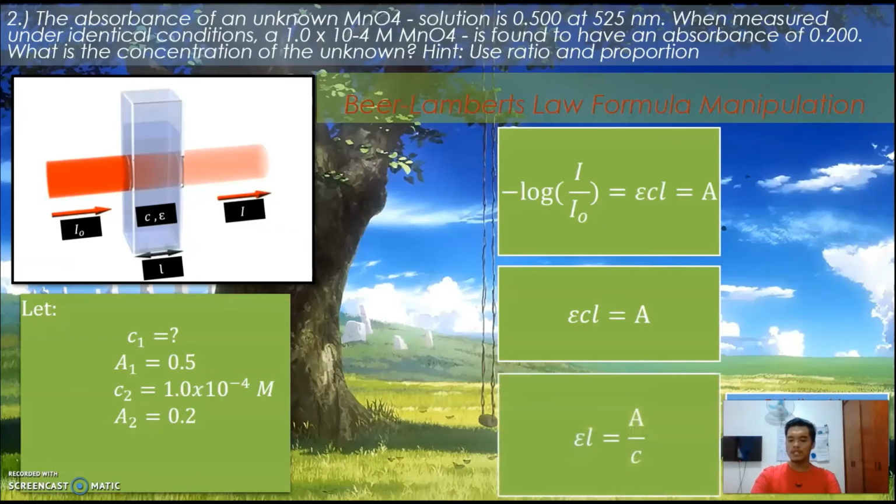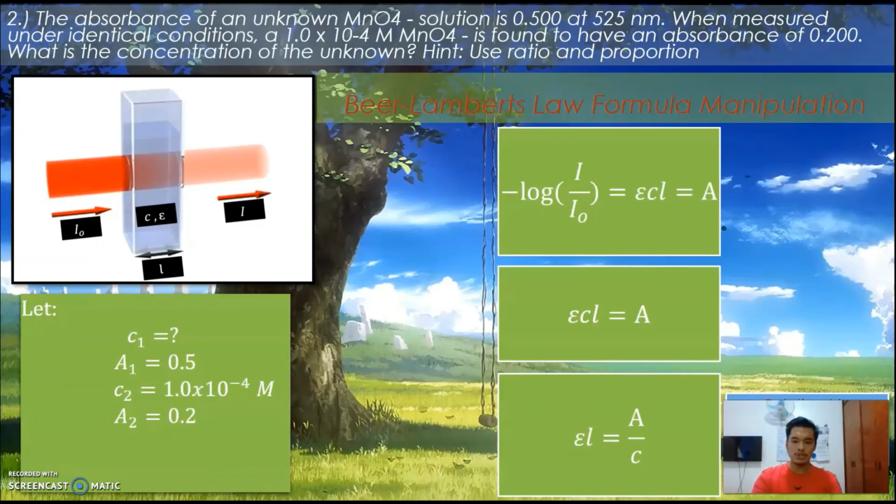Therefore, we can say that epsilon times cell pathway equals absorbance over concentration. That means that this is the relationship based on Beer-Lambert's law. Since we're given another concentration and another absorbance, and since they're using the same analyte, that means the molar absorptivity is the same.